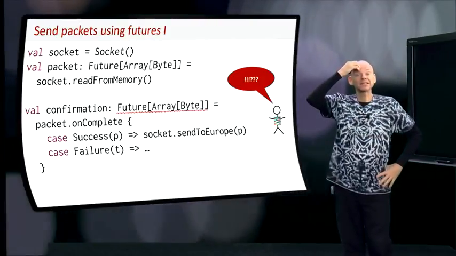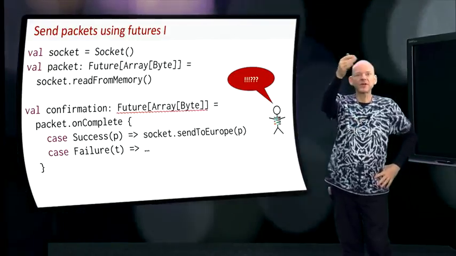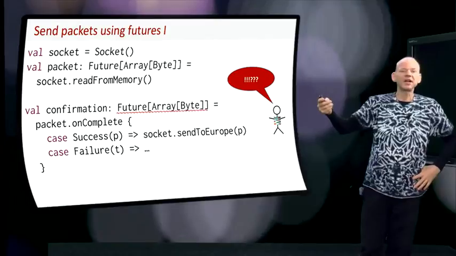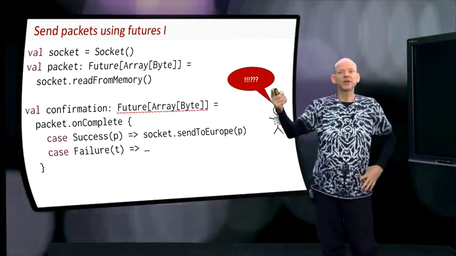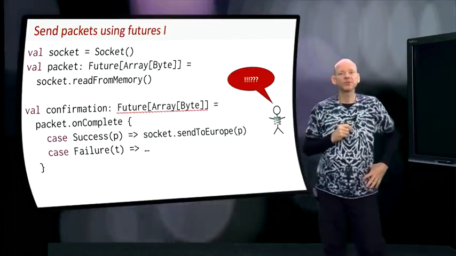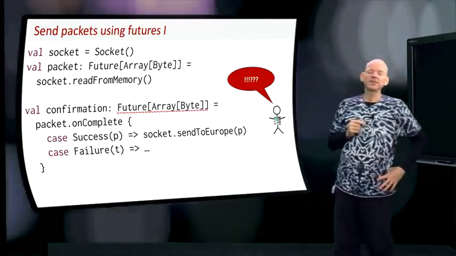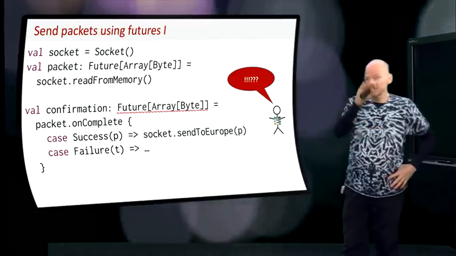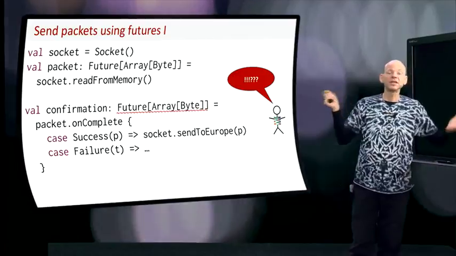So this is kind of problematic, right? We cannot write it like this, because the right-hand side here will be of type Unit, whereas what we want is a Future of Array of Bytes. So there we see that the compiler is complaining. There's the red squigglies. You never want to see those red squigglies in your code.